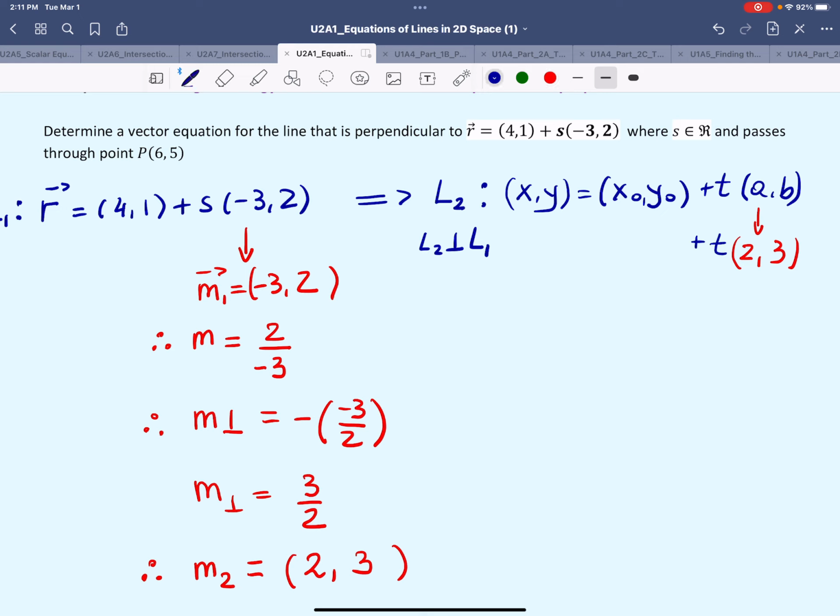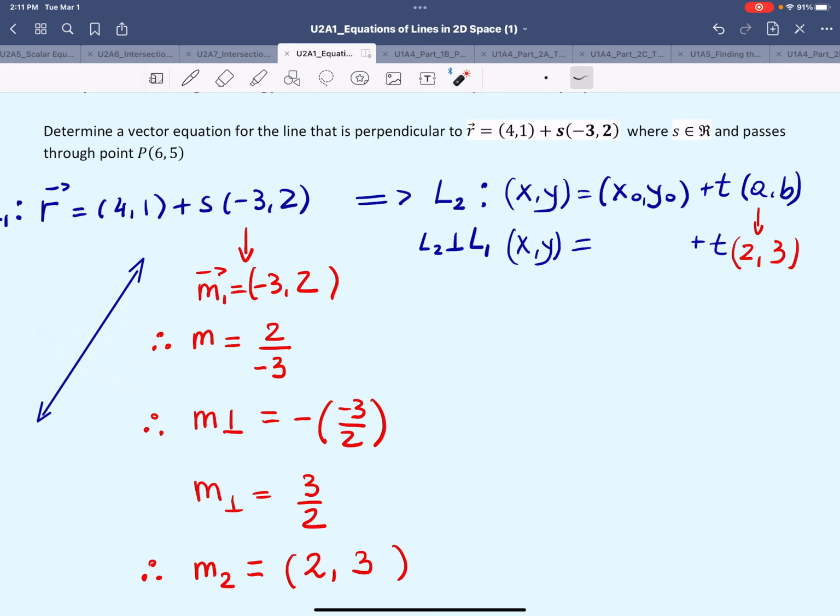And we'll say that so far we have the equation in the form (x, y) equals some starting vector plus t following the direction of the vector (2, 3). Now we have to think of how to figure out what point to put in here. Now remember, if you are given a line L1, and I'm going to draw one right here, we can draw many perpendiculars on this line.